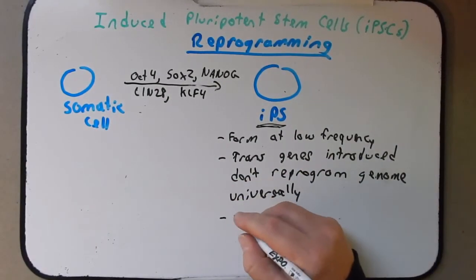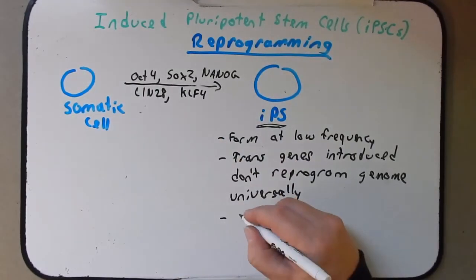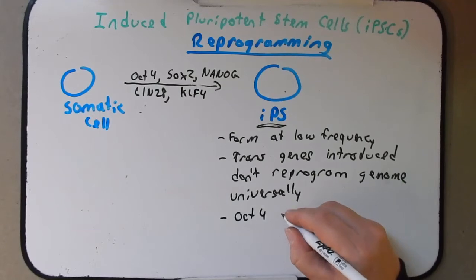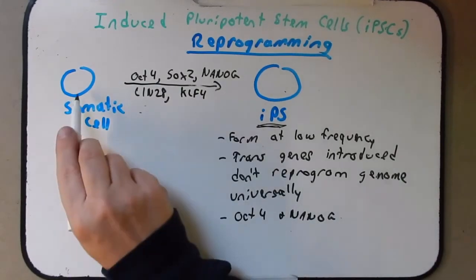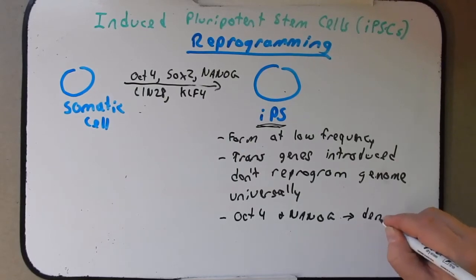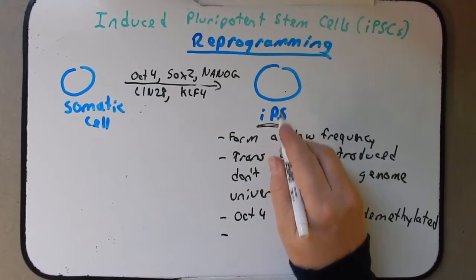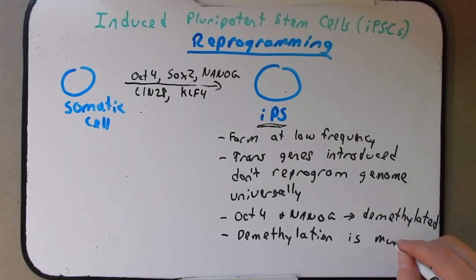We know some of the genes are demethylated for sure, the OCT4 and NANOG that are found in the somatic cells. We know that these are demethylated. We know that this demethylation of the iPS cell is much slower.